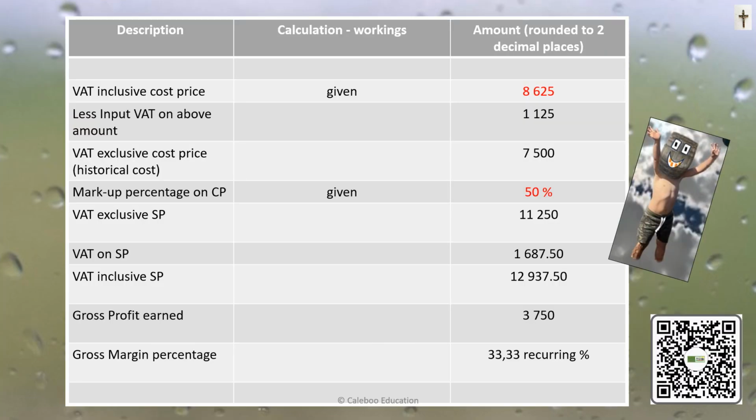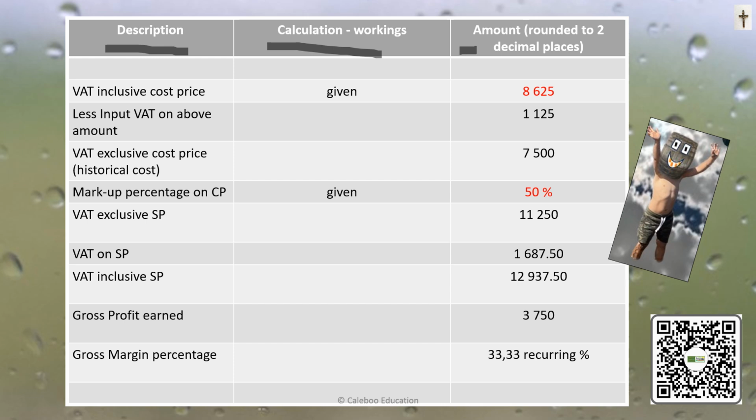Another possible question, test question or exam question, the examiner might want to test your understanding. So they say, complete this table. There's a description. I'm going to show you the calculations and the amounts that are derived.